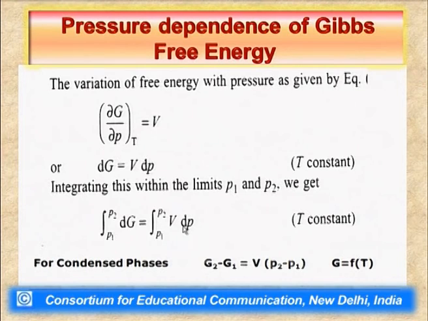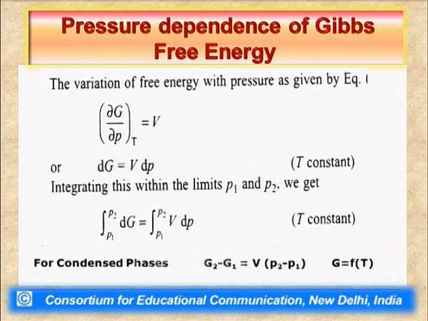Here we have made one assumption: V is constant within the pressure range P1 to P2, and this is practically true for condensed phase systems, since for condensed phase systems volume does not change much with pressure. Therefore, G2 minus G1 equals V into P2 minus P1.